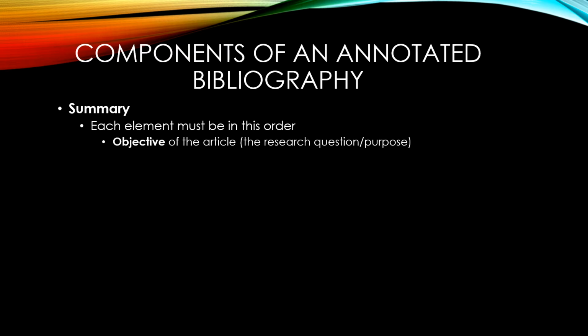So you're going to tell me what is the objective of the article, or another way to think about that is what research question is the article addressing, or what is the purpose of the study or studies being conducted.